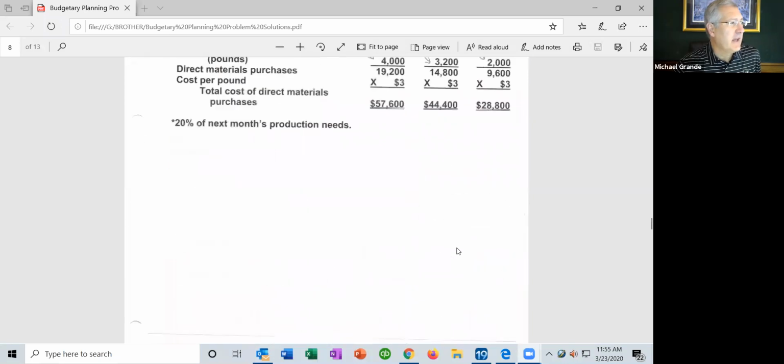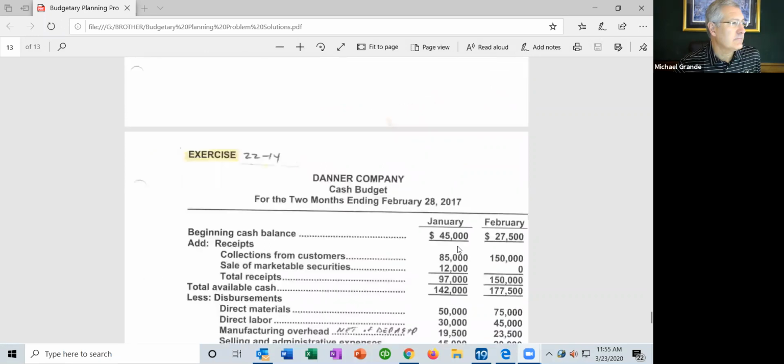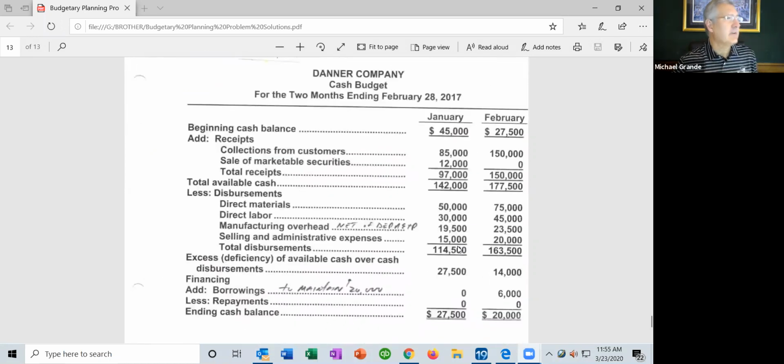Let's look at the solution. Here it is. Danner Company, cash budget for the 2 months ended February 28, 2022. Going to work on one column at a time. Let's look at January. Beginning cash balance. They told you that they started January with $45,000.